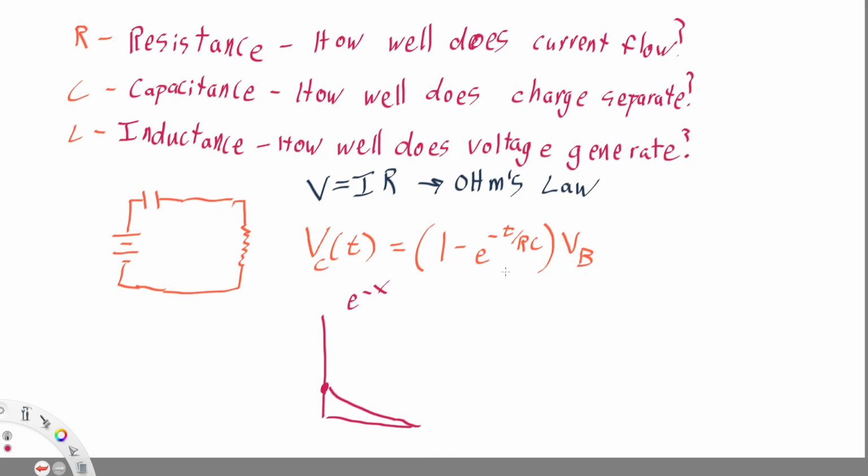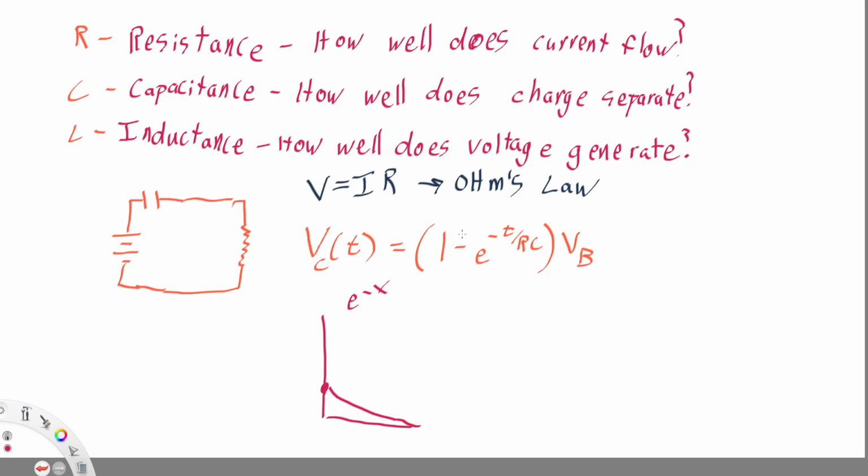So the reason why this works: at time t equals 0, the moment you turn on the circuit, t is 0, e to the minus 0 is 1, and so this thing in the parentheses is 1 minus 1, well, that's 0. So as soon as you close the circuit, you have no voltage on the capacitor. It hasn't had time to charge up yet.